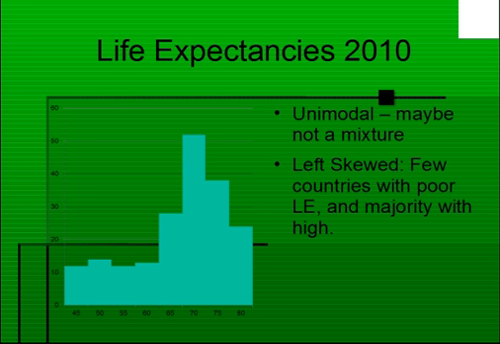At this point we just look at the data, and we see that the histogram is more or less unimodal, so there is no indication that there are 2 different types of countries with different types of life expectancies. And furthermore, it is left skewed. Most of the data sets we have been looking at, the income data sets, have been right skewed.